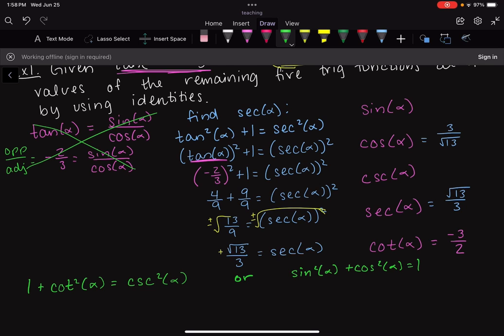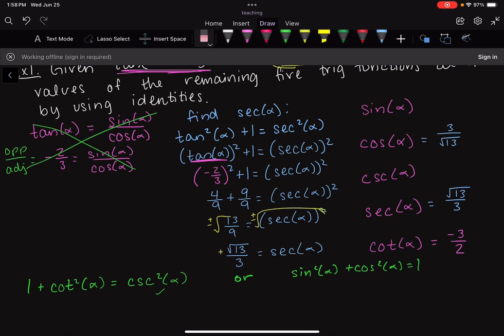Because for both of these, I would have one of these, or like both of these have two unknowns. One of them I already know, one of them I could find out. So for instance, with this one, I have cotangent, I just need cosecant. For this one, I have cosine, I just need sine.